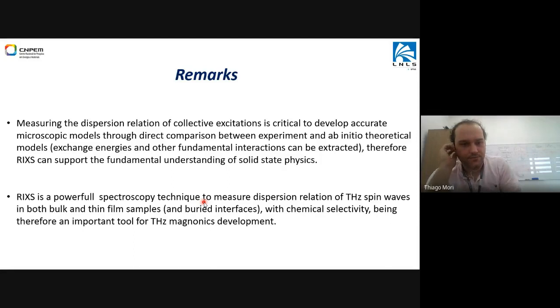because it allows us to measure the dispersion relation of collective excitations, and this is critical to develop accurate microscopic models through the comparison between experiment and theoretical models, and therefore RIXS can support the fundamental understanding of solid-state physics in quantum materials, strongly correlated electron systems, for instance, but also because RIXS has been shown to be a very powerful spectroscopy technique to measure the dispersion relation of terahertz spin waves.